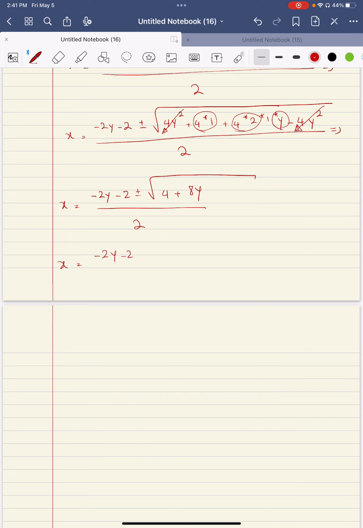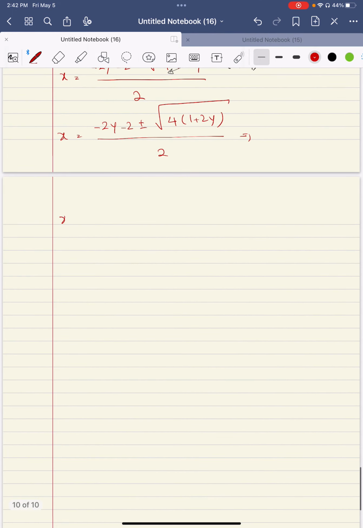So x would be minus 2y minus 2 plus minus root. I'm going to write 4 plus 8y as 4 times 1 plus 2y. I can do that, right? So it would be 4 times 1 plus 2y over 2. Then x would be equal to negative 2y minus 2 plus minus root 4 times root 1 plus 2y over 2.